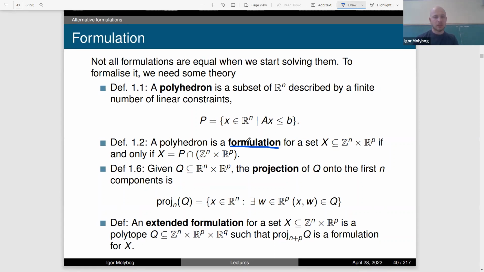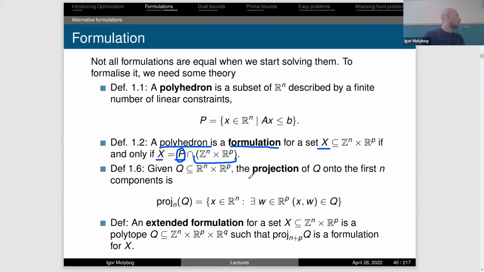There is a formulation. A formulation is a polyhedron P, and we said that the polyhedron P is a formulation for set X if and only if X is representable as the polyhedron P intersected with the mixed integer lattice. And we also have the notion of an extended formulation that is tightly related to the notion of projection.